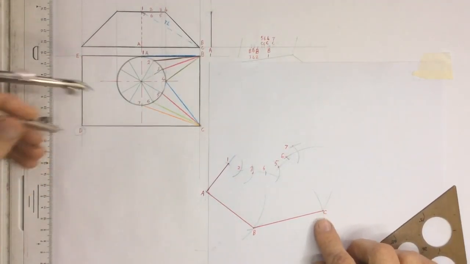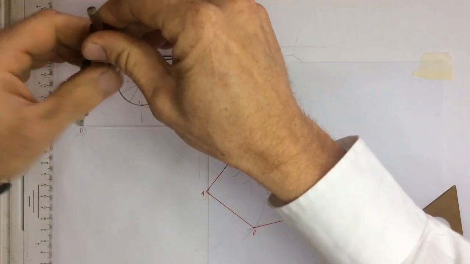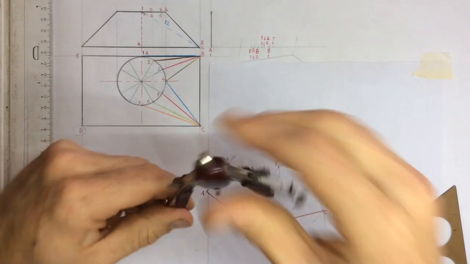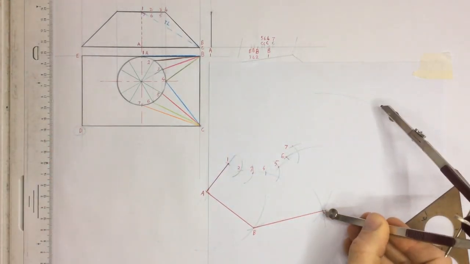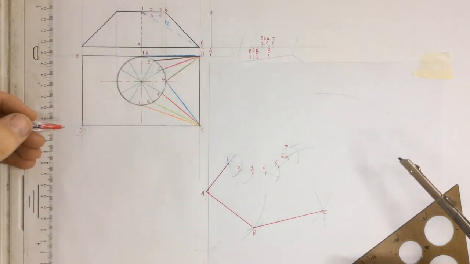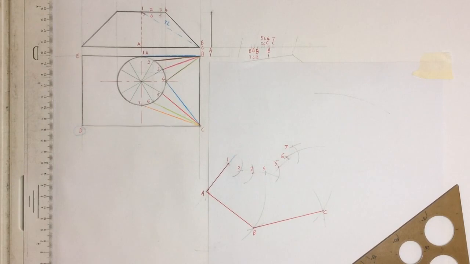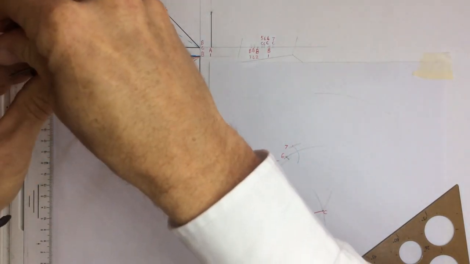I'm going to take this distance from C to D. This is a true length distance because that is a parallel line. Take that distance. Somewhere along that arc, I'm going to have point D. I need to take a true length distance from D to 7. I've got 0.7.